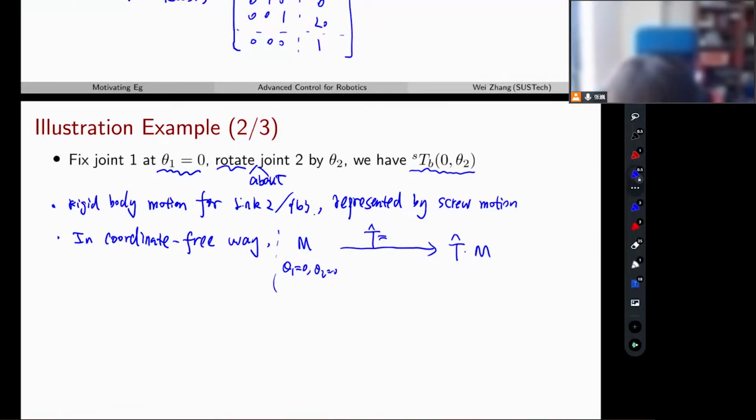This is action. Yes. What's the formula to represent this action? Operator view of homogeneous transformation matrix. So all the matrix can be viewed as a screw motion, right? And in this case, e to the S2 theta2.